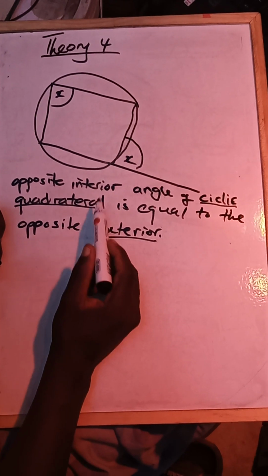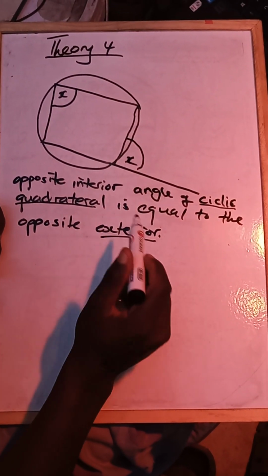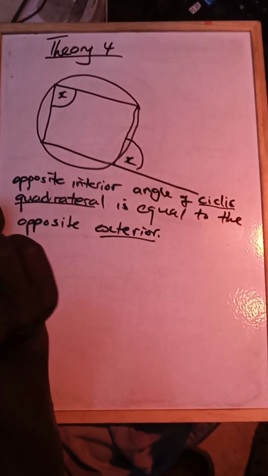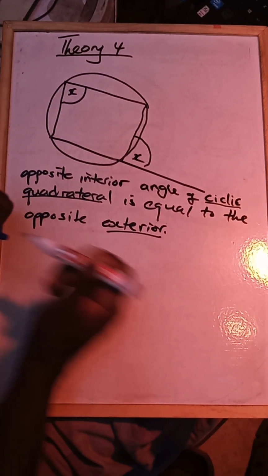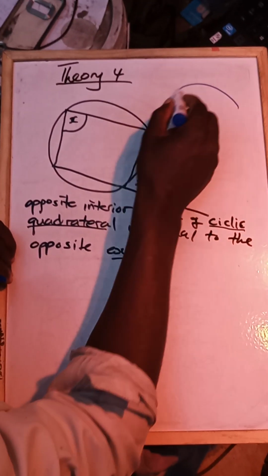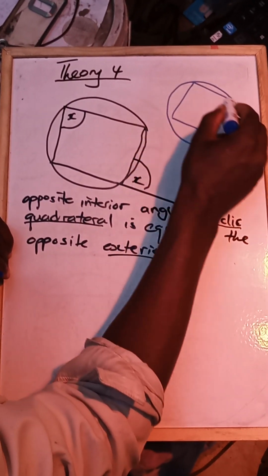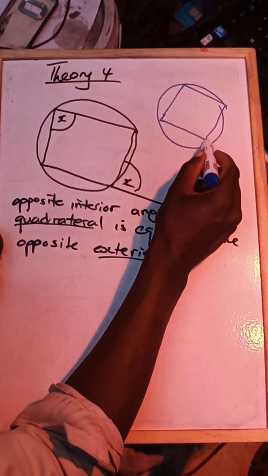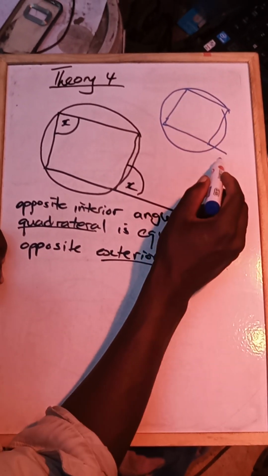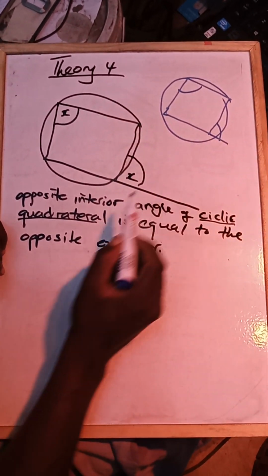The first thing is to identify the interior and the exterior angle, right? For example, let's just draw a circle here with all its corners touching the circumference. So this is the interior angle and this is the exterior angle.